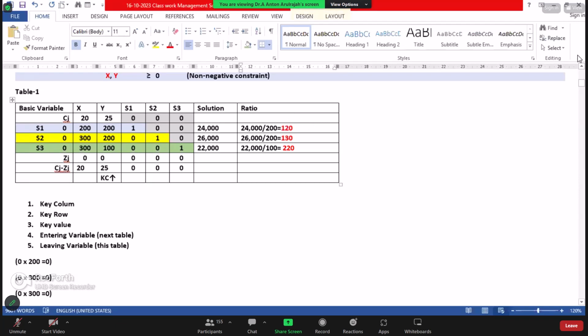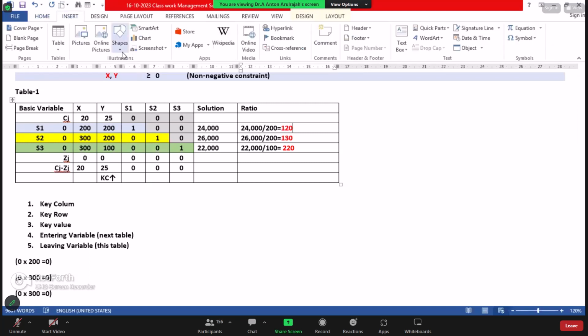Okay. This is the way. So key row: the column we have selected, the key row we have selected. Right, the first task is completed, the second task is also complete.